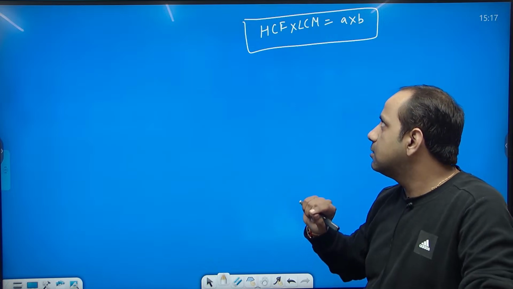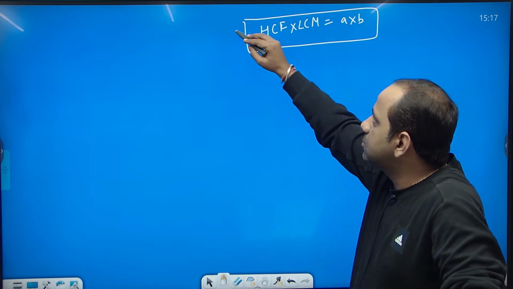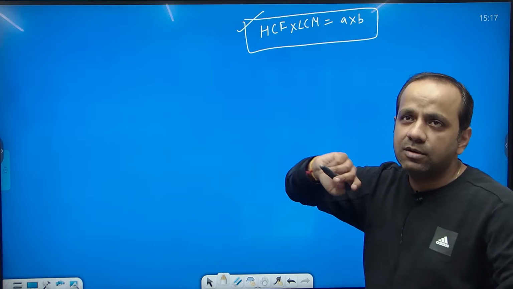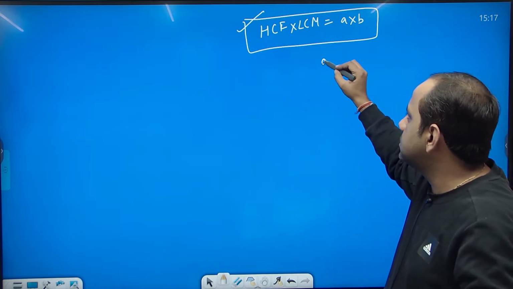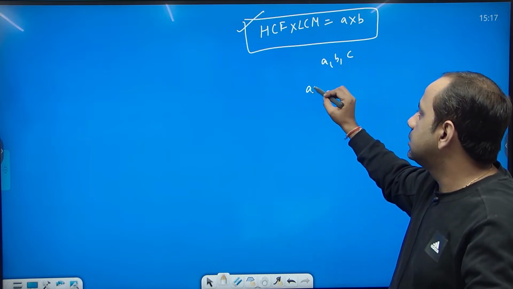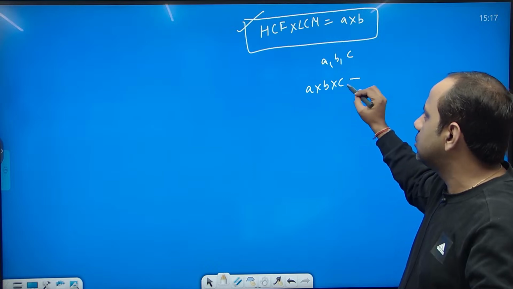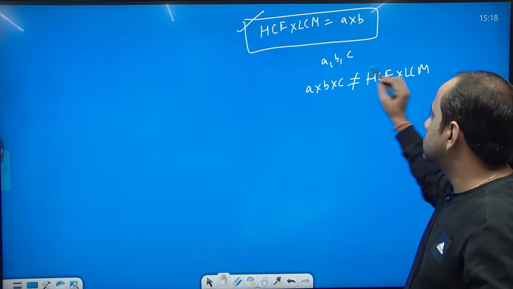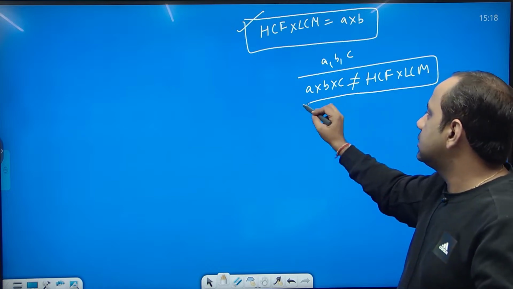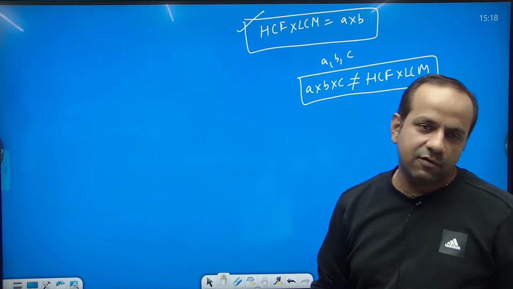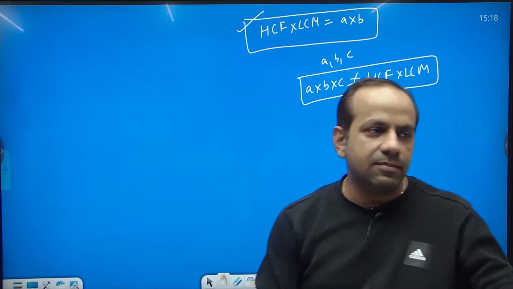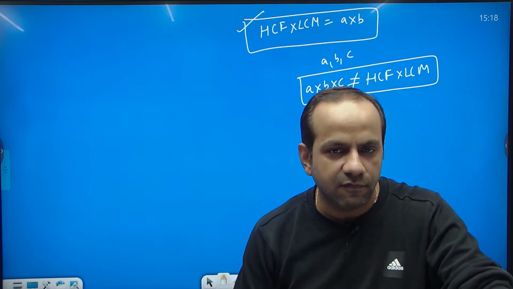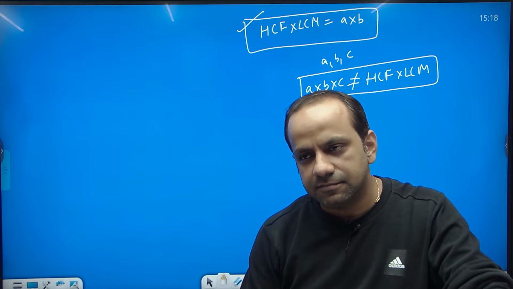But one more important point, that this rule is applicable only when we have two numbers. Like if we have three numbers A, B and C, then product of these three numbers is not equal to product of their HCF and LCM. Okay. So just take a note of this, that this rule is applicable only when we have two numbers. Product of two numbers A and B is equal to product of their HCF and LCM.